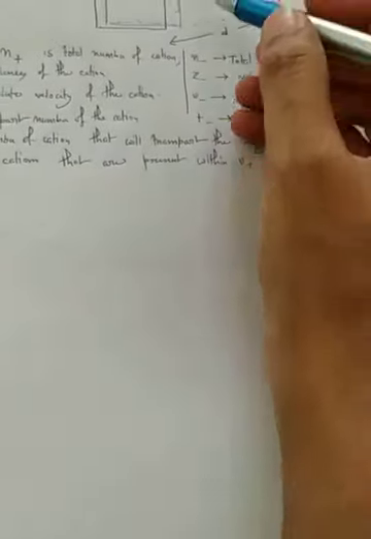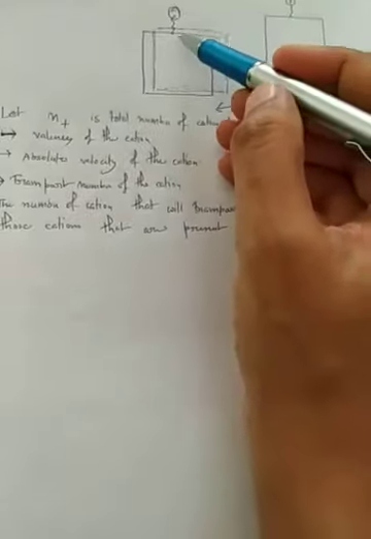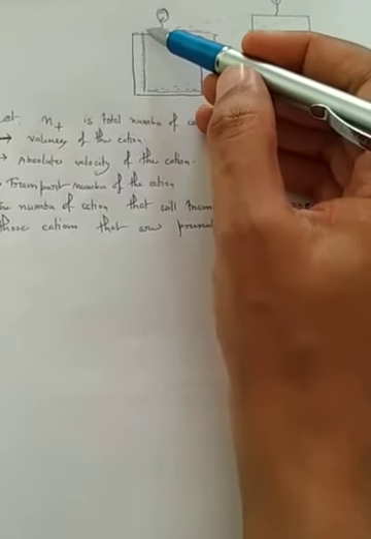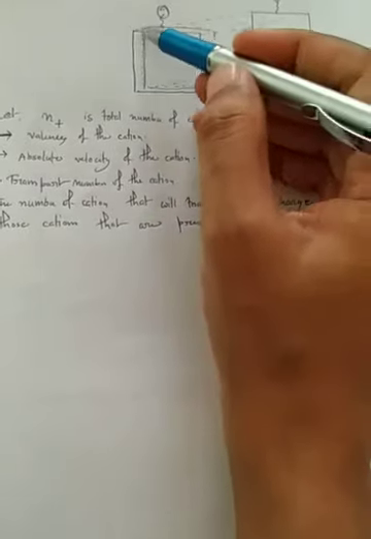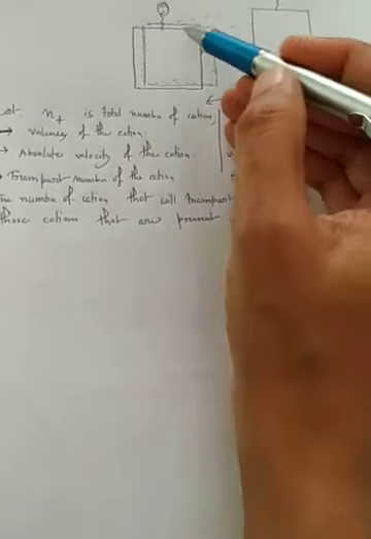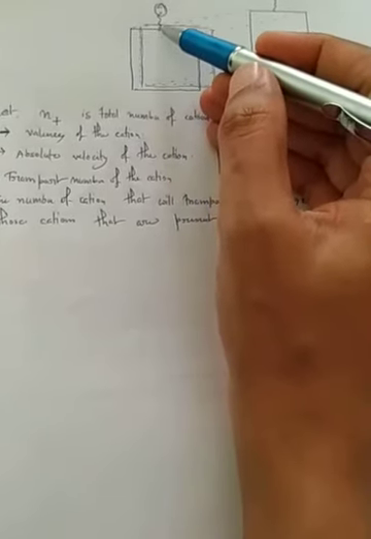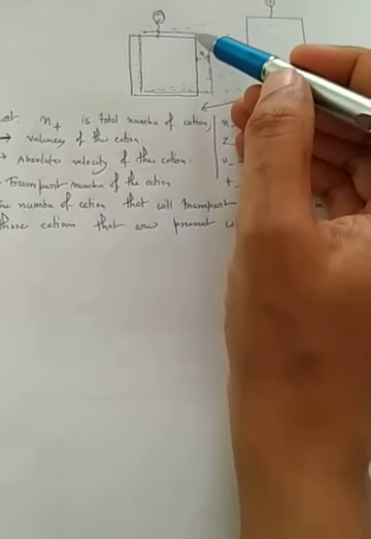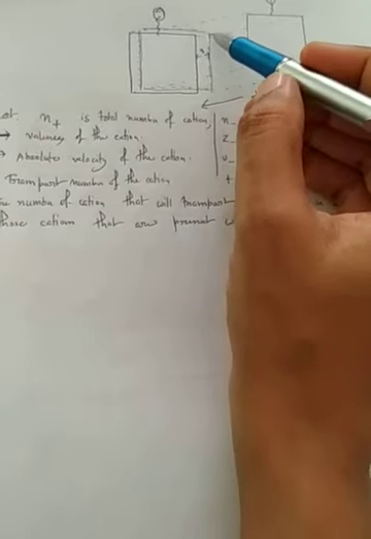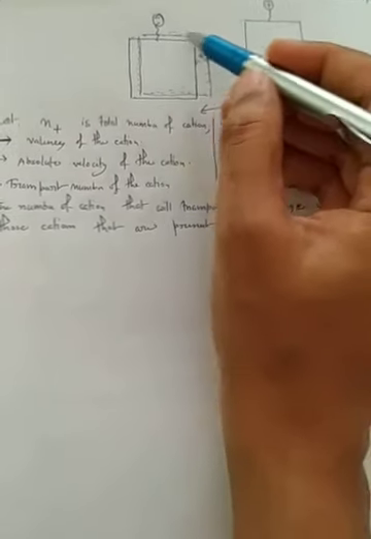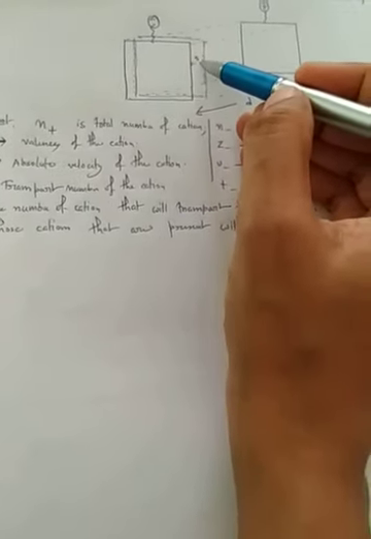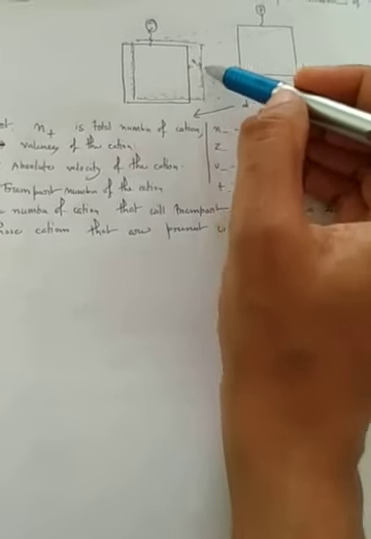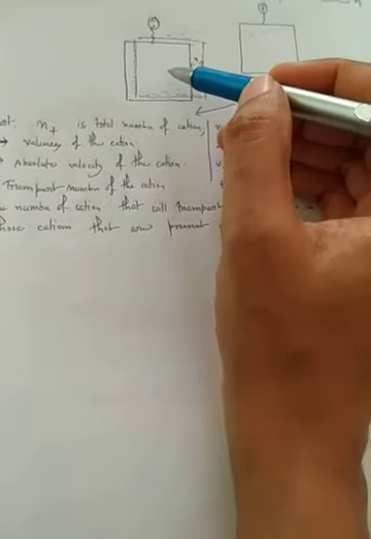That means the total number of cations which are present in this specific portion, that is between the negative electrode and a hypothetical plate which is V plus distance away from the negative electrode.